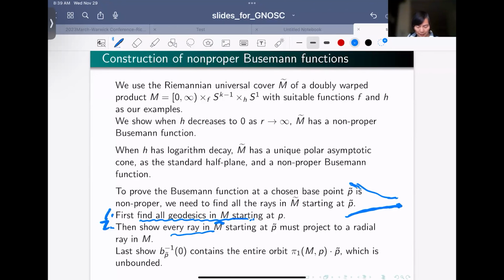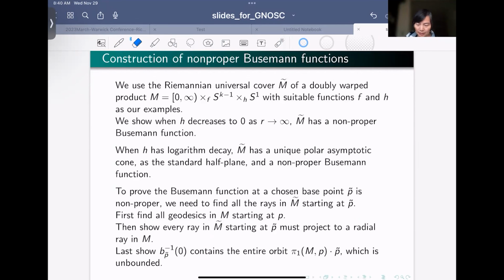And finally, we can show that the level set of the Busemann function, just 0, actually contains the entire orbit. The fundamental group is Z, so this cannot be compact. So basically the inverse image of 0 is not compact. Okay, so that indicates it's not proper. Okay, so this is the argument.